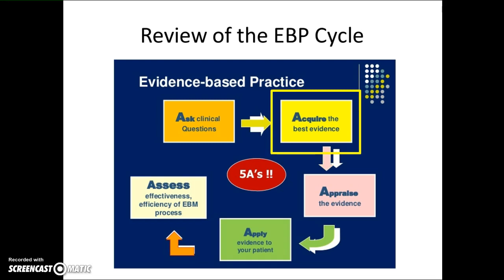And so that's the purpose of today's lecture, is talking about that hierarchy and how to identify or how to classify our research articles so that we know which research articles really truly can help us answer that clinical question, right? And which of those research articles we can kind of throw to the wayside and move forward in our literature search. So I hope this 15-minute lecture is very helpful to you guys.